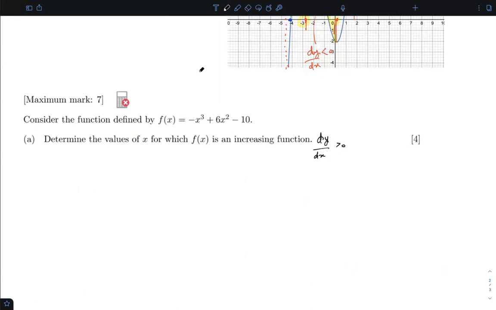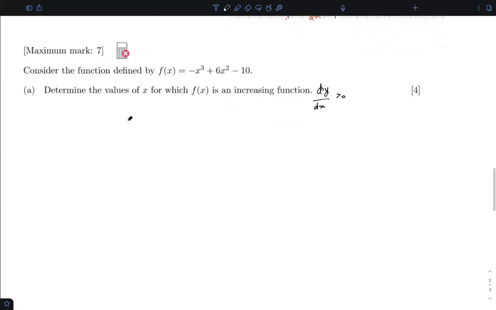So let's find the derivative of this function first. f(x) is -x^3 + 6x^2 - 10. So f'(x) will be -3x^2 + 12x. So that's the derivative dy dx.